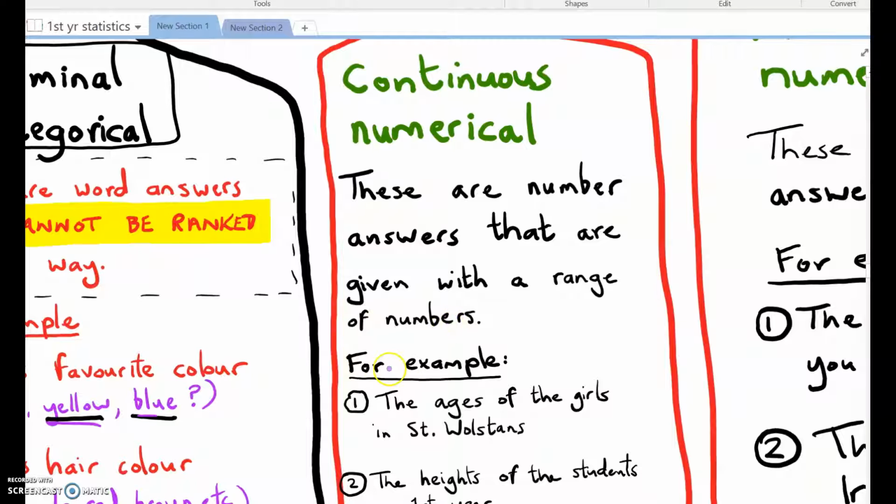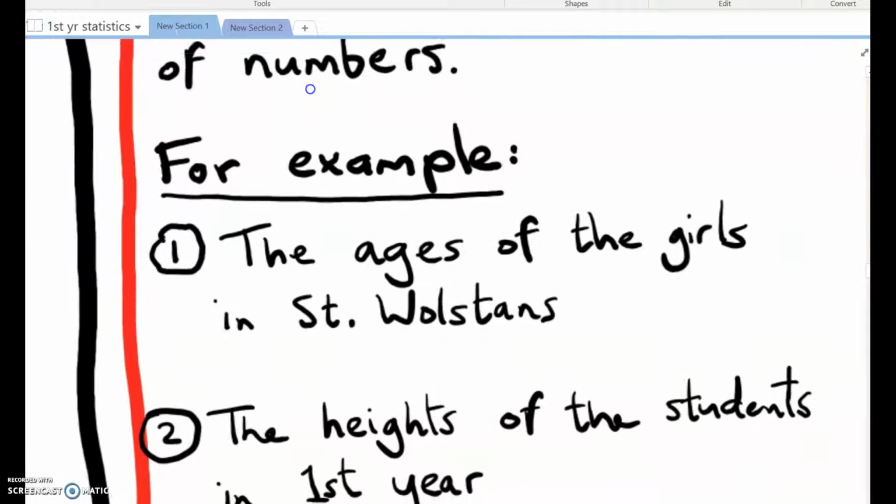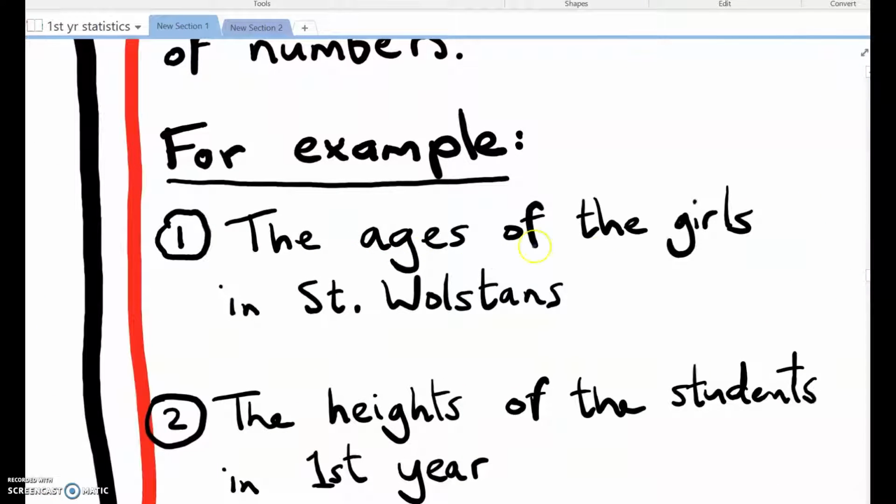So an example would be, if I asked you, what are the ages of the girls in St. Wolstan's? You couldn't say 16, because there are some girls in St. Wolstan's that are 13, that are 12, that are 18, 19.